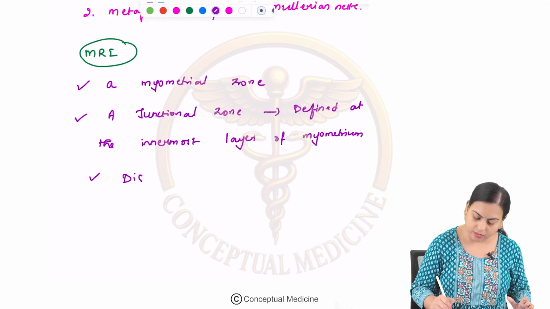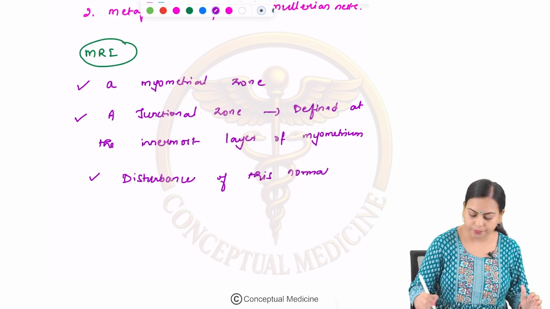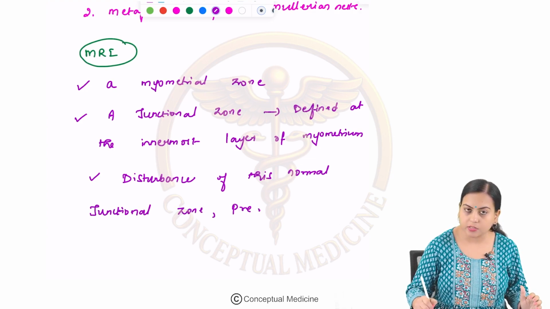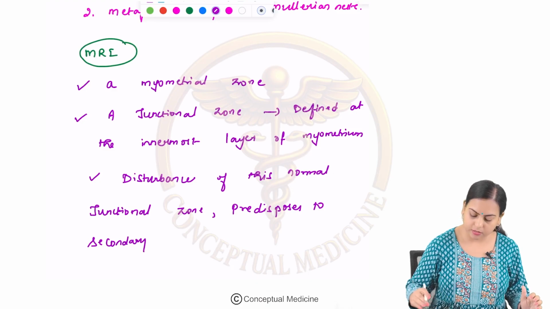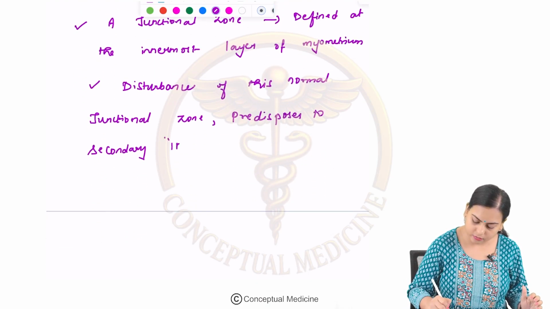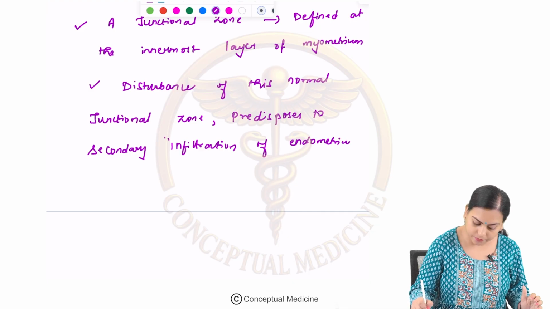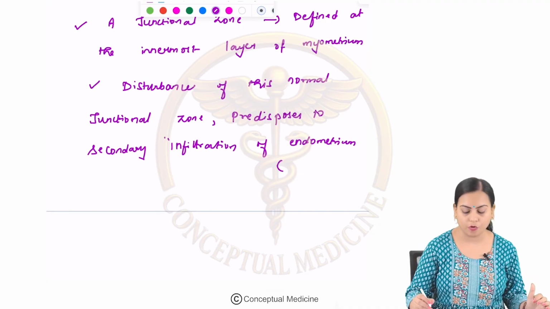Then there can be disturbances of this normal junctional zone that predisposes to secondary infiltration of endometrium, that includes both the glands as well as the stroma of the endometrium.